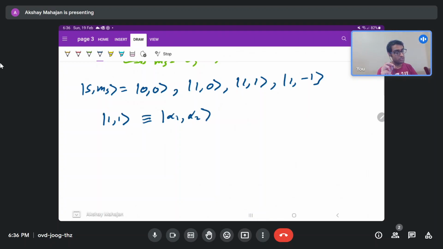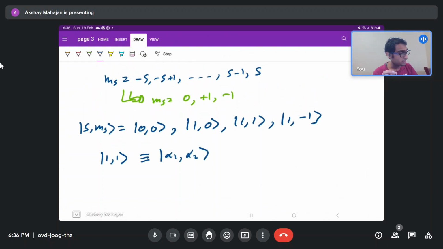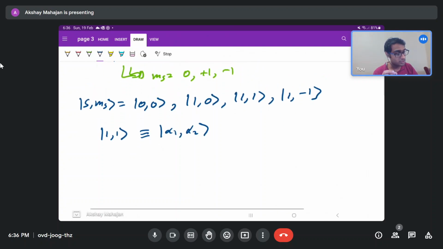So basically you can understand 1, 1 means the S value is 1 and the ms value is 1, and that is represented by alpha 1 alpha 2.